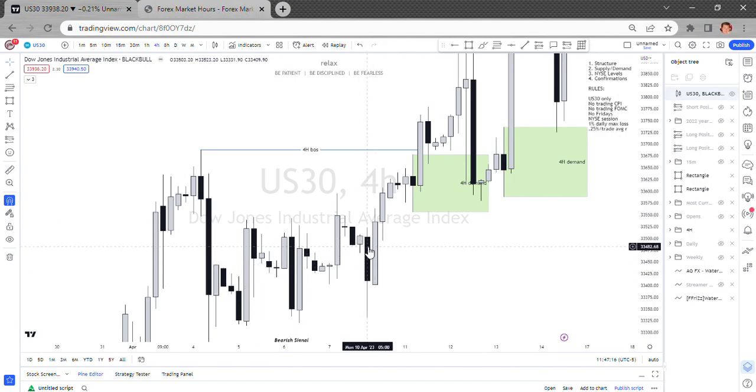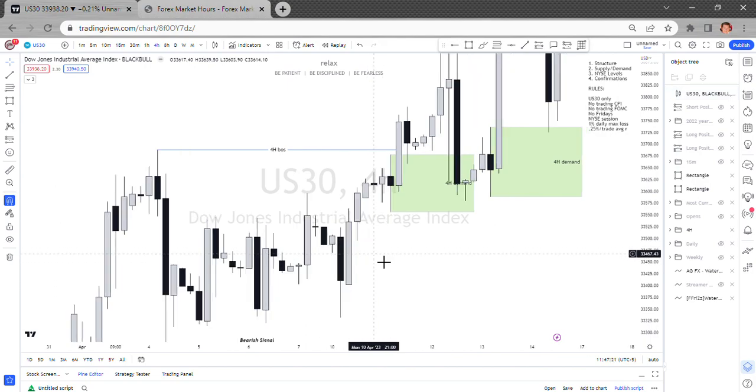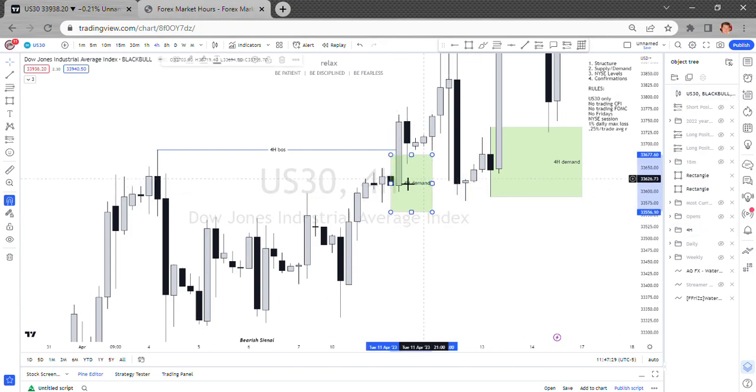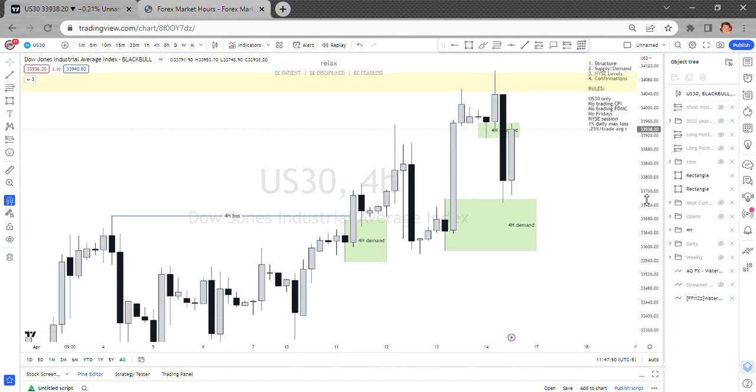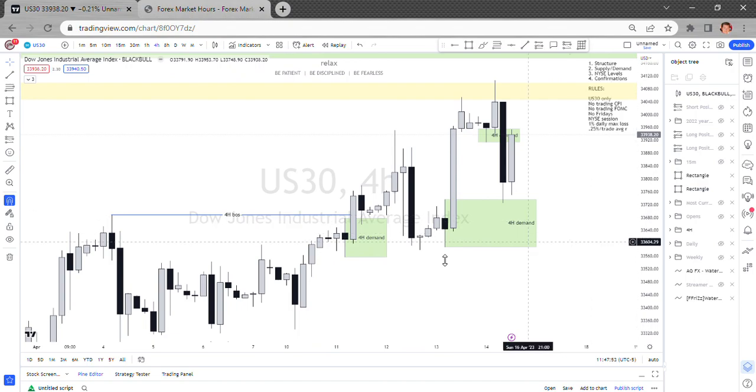I didn't mark this out looking for a trade from this zone because we did get a 4 hour pullback before we broke above. So this was the area that I had highlighted here, this 4 hour candle. And then on Wednesday, we had CPI push higher. As a matter of fact, I broke one of my rules and had a trade on Wednesday that got slipped and took me out. Had about 2.5 times my normal risk.